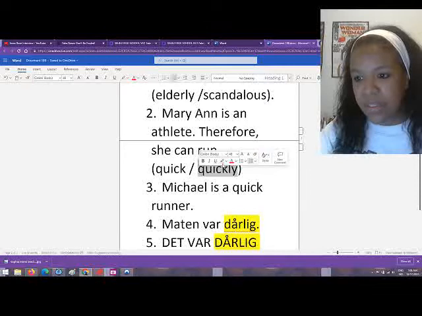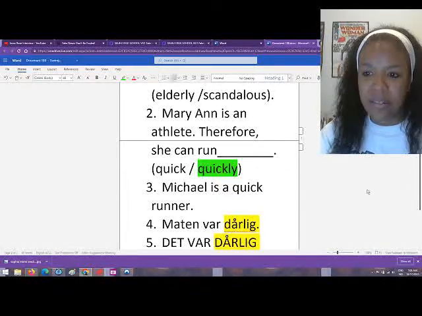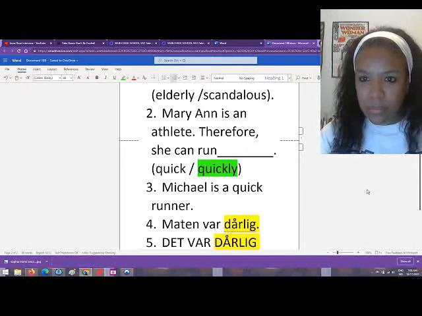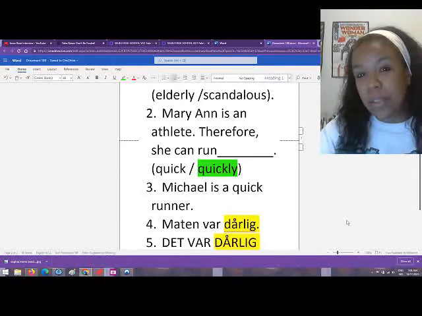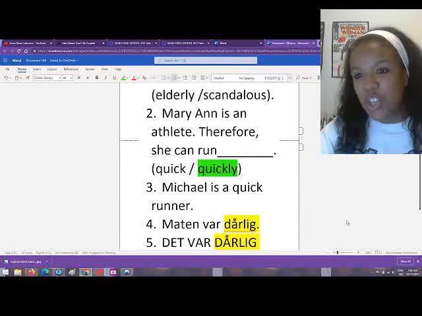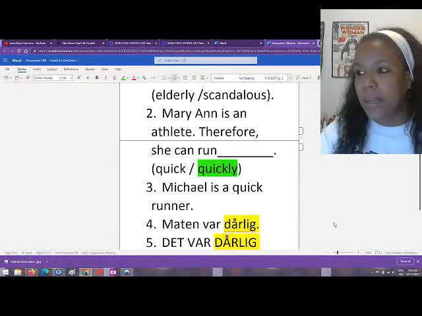She runs quickly. That's how she runs. She can run quickly. So that's the adverb. And the word adverb has something to do with something that modifies, that changes the verb, that changes the action that you're performing. In this case, you're running. She can run quickly.